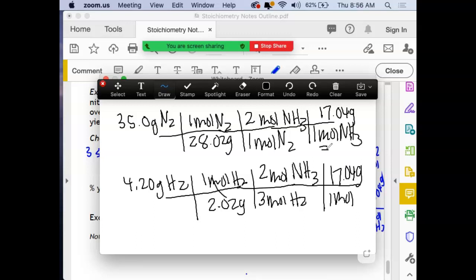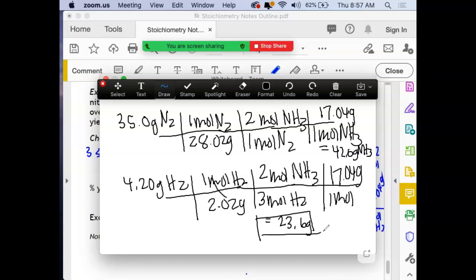So 35 divided by 28.02 times 2 times 17.04, we get 42.6-ish grams. This is 4.2 divided by 2.02 divided by 3 times 2 times 17.04, and this is 23.6 grams.